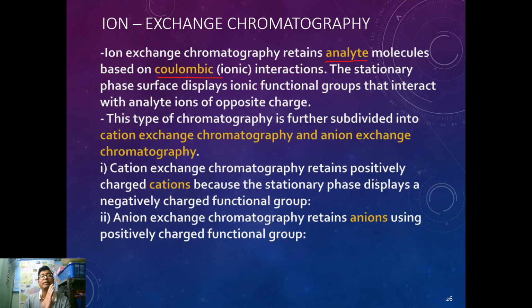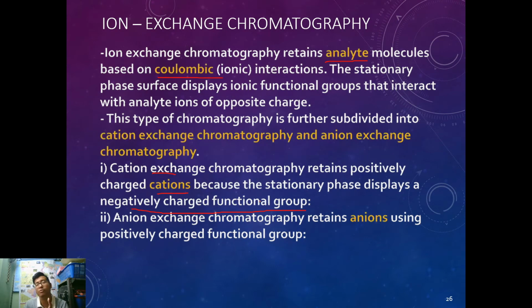The principle is based on their ionic interaction. See what's going on over here. Cation exchange chromatography retains positively charged cations because the stationary phase displays a negatively charged functional group. Very important: cation exchange resin has a negatively charged functional group in the stationary phase.